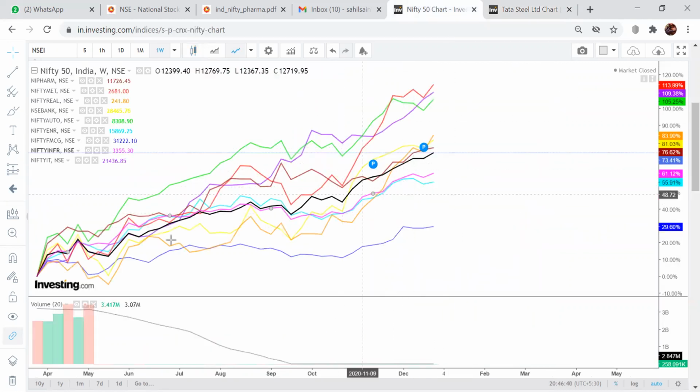I think all the indices are performing, all of them are trying to make their all-time high. So in this bull market, we have these two, three sectors which will dominate the market, and I think the whole market will participate in this bullish market.